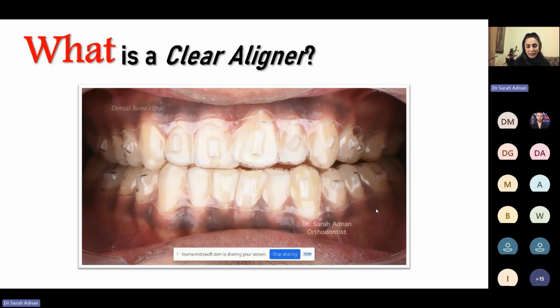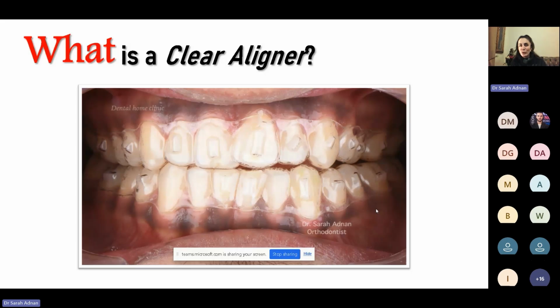So what are clear aligners? Clear aligners are clear plastic appliances that use tooth-colored materials or handles, which are called attachments, on the teeth to move the teeth. Clear aligners are not new.